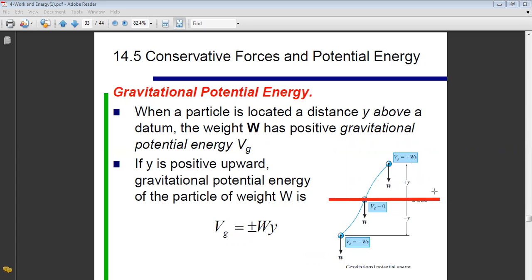Now, once you choose a reference, when you are above the reference, you have a positive gravitational potential. And when you are below the reference, you have a negative gravitational potential, okay? So Vg is given by Wy. So when y is up, positive, Vg is positive. When I am below the reference, I have a negative potential energy.